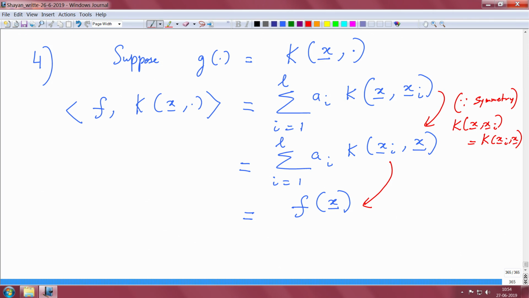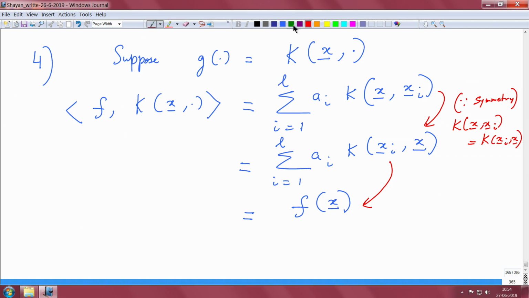Now, I choose this function g to be the kernel acting on x, and this dot indicates it is g of x_i. So, I can think of g of x_i as kernel x with x_i. When I express this bilinear form by expanding this function in terms of the kernel, using the symmetric property I get back this function.